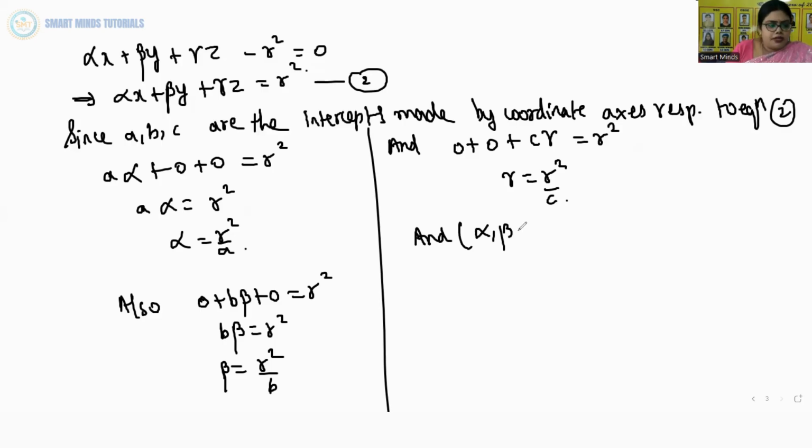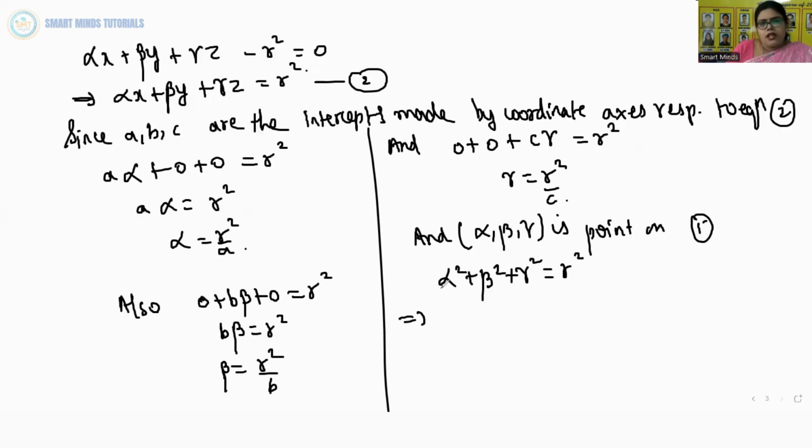And alpha, beta, gamma is a point on equation number 1. So you get alpha square plus beta square plus gamma square equals r square. Now in the place of alpha, I substitute r square by A whole square.